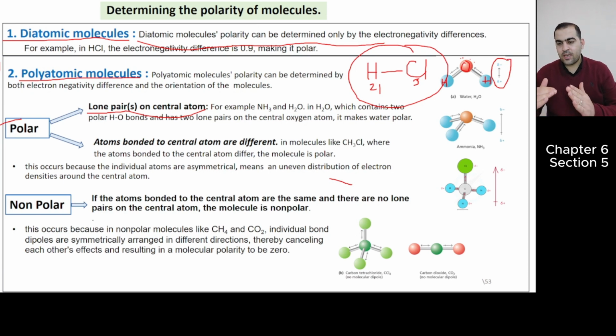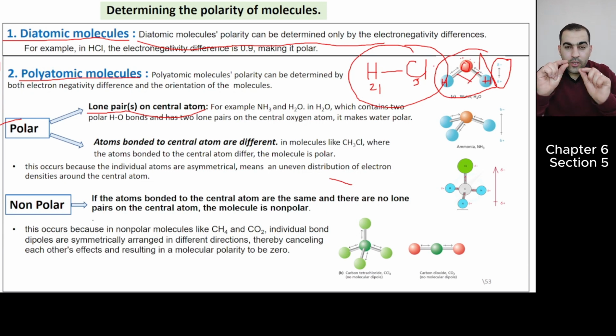These bonds are polar, the whole molecule is polar, and this side of hydrogen is partially positive. Why? Because there are lone pairs. When I give you H2O, is it polar or non-polar? Draw the Lewis structure. If there are lone pairs on the central atom, it's polar.